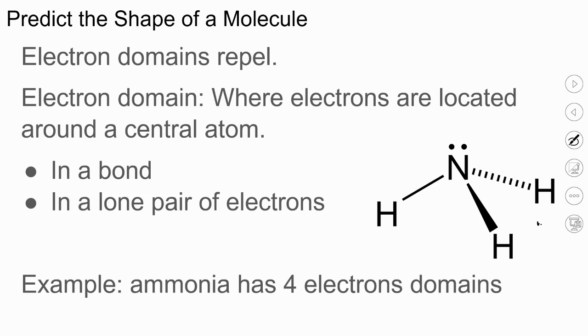If you have NH3 ammonia, how many bonds does ammonia have? Good. And then how many lone pairs? One. Good.